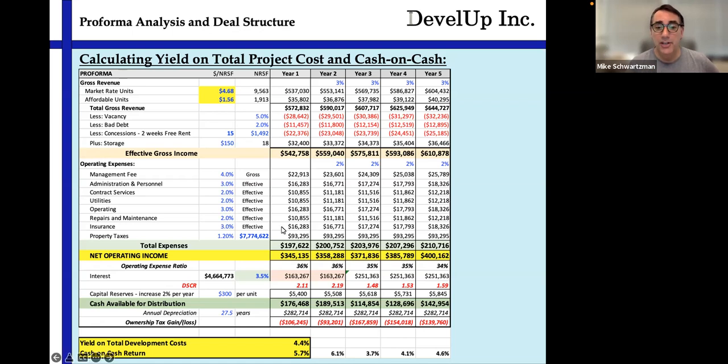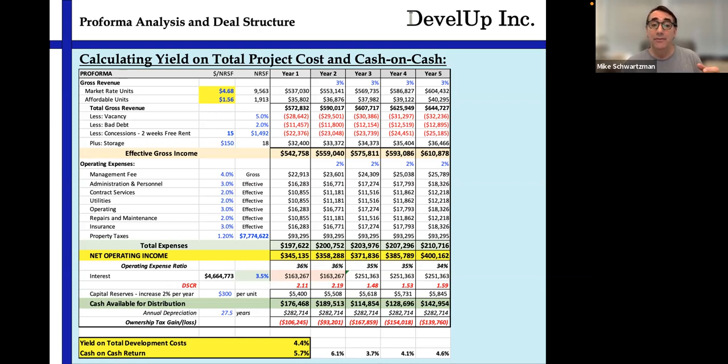So if we've got a project here that has a 4.4% yield on total development costs, well, in the market right now, there are existing buildings that are trading for 3% cap rates, 3.5%. I've also heard of things trading recently, really well located, at a 2.85 going in cap rate.